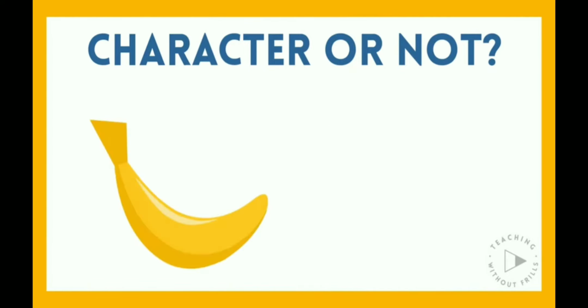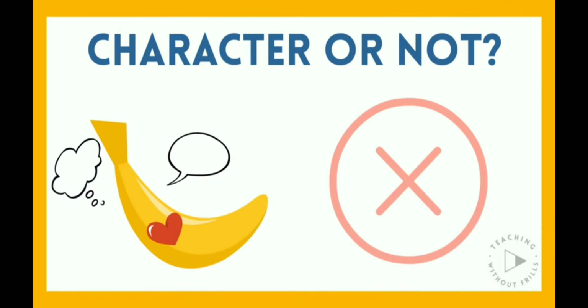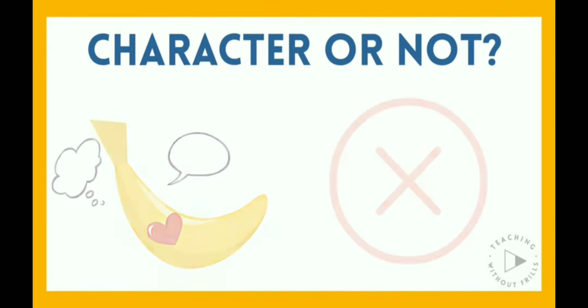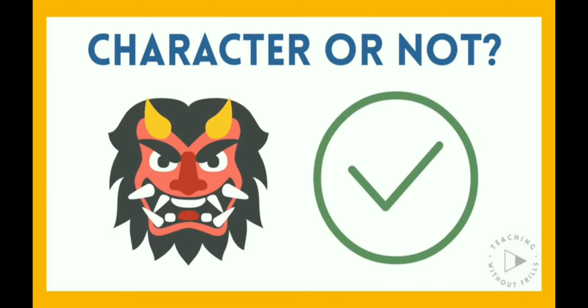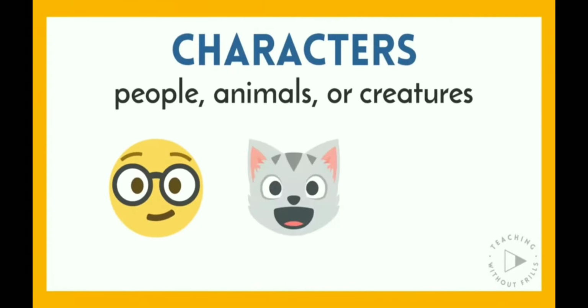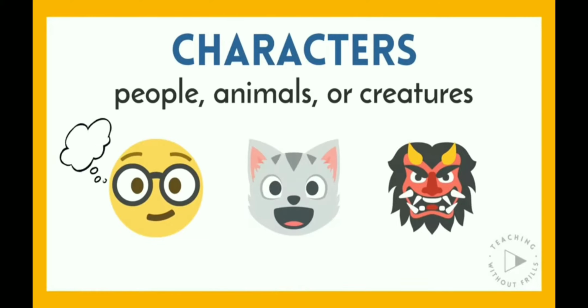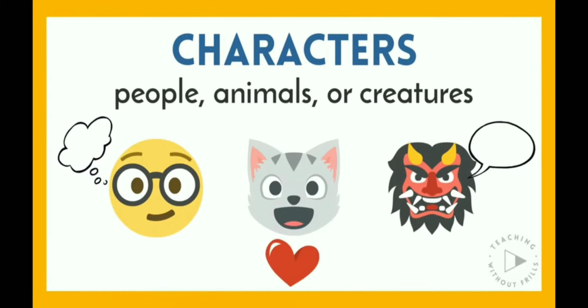A banana, character or not? No, a banana is not a character unless it can think, feel, or act in the story. A dragon, character or not? Yes, a dragon is a creature, and creatures are characters. So remember, characters are the people, animals, or creatures in a story who can think, feel, or act.